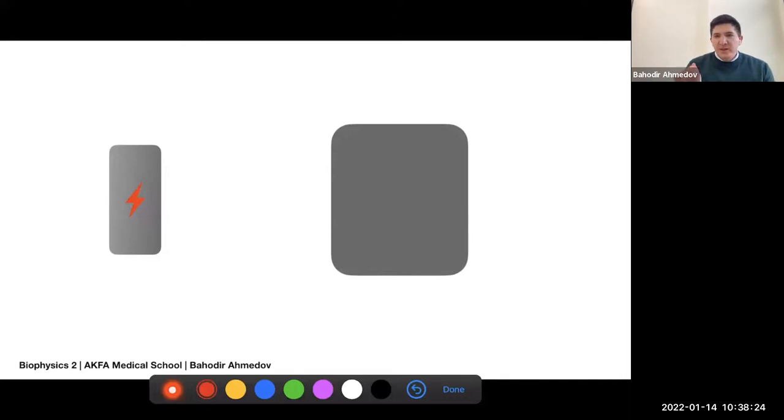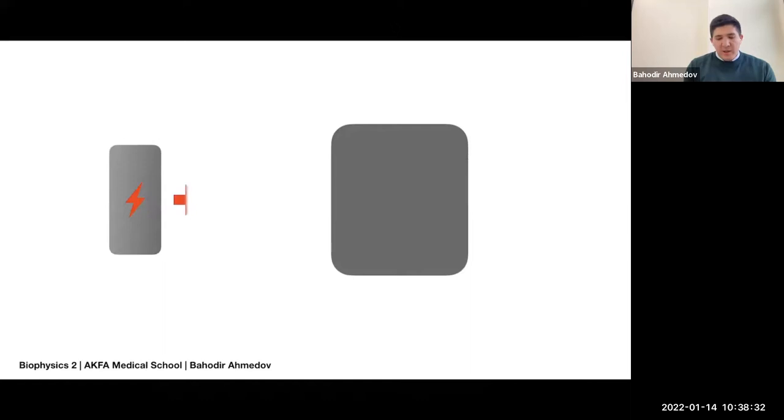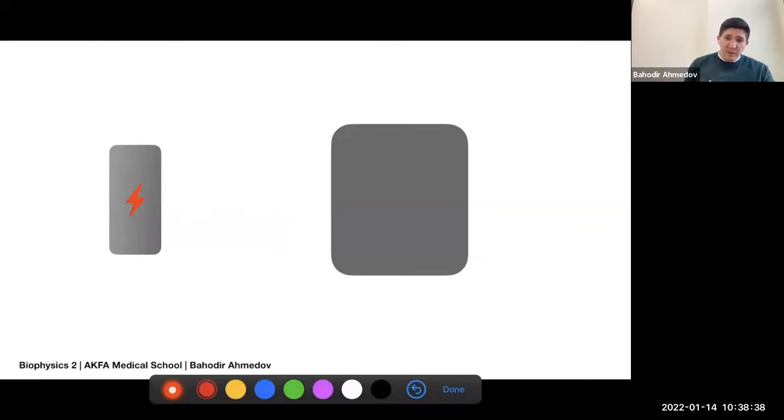So essentially the idea is like this. If the transducer is able to produce some signal, it's going to send the signal into some object. Whenever the signal hits this object, some portion is going to be transmitted, and by just understanding how much time it took for the signal to reach the object and come back to the transducer, we can understand the distance between the transducer and the object.